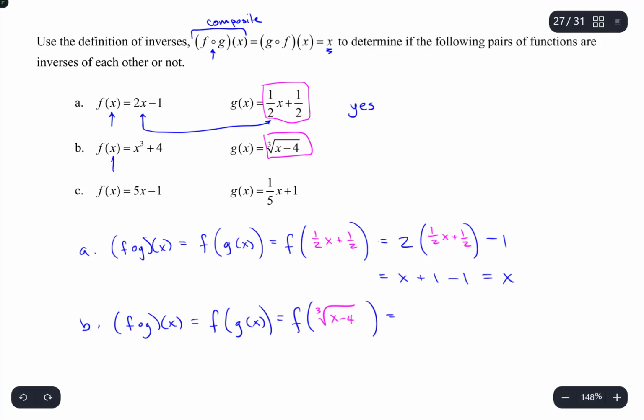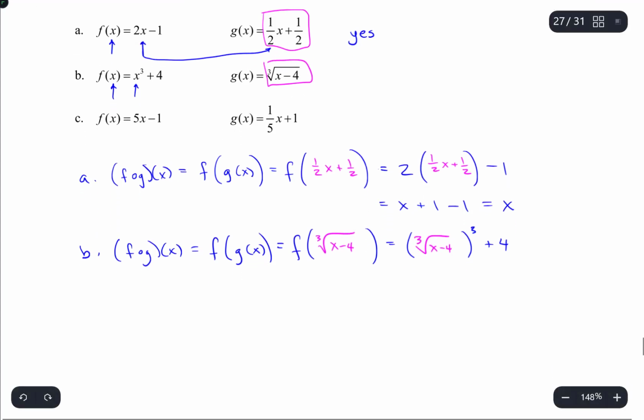So f is whatever you put in for x here goes in for x there. So x cubed plus 4 would become, I'm putting in the cube root of x minus 4 for x, so it would become that cubed plus 4.